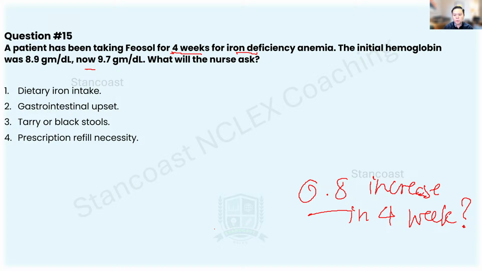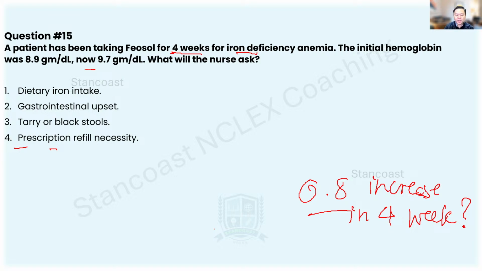So what we need to do here is ask the patient about prescription refill necessity, because this will investigate further that probably they're not compliant to the therapy, maybe because they're not getting the prescription refill at the pharmacy.